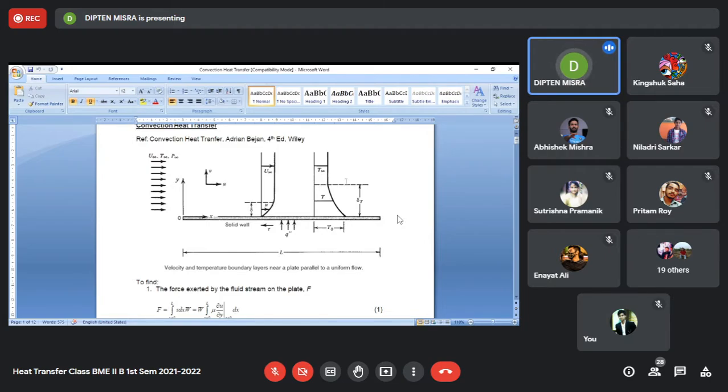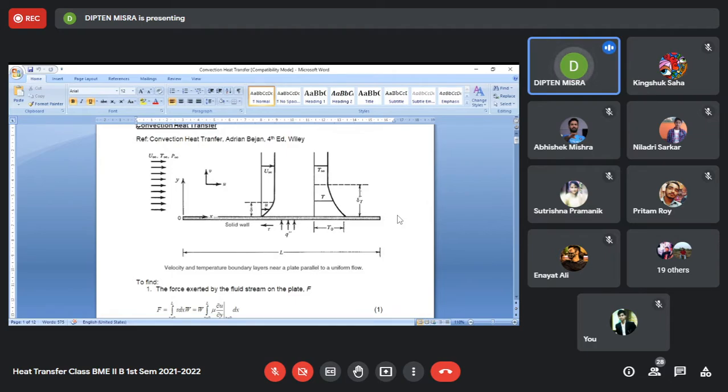They will be two distinct zones, and the thickness of the thermal boundary layer zone is shown with a different symbol, delta with a suffix t, just to make it distinct from the velocity boundary layer. This delta represents the thickness of the velocity boundary layer zone, and delta t represents the thermal boundary layer zone.